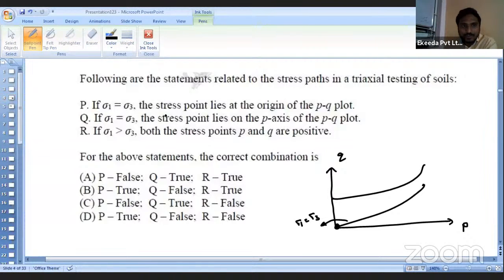And what is the second one? If sigma 1 equal to sigma 3, the stress point lies on the P axis of the PQ plot.